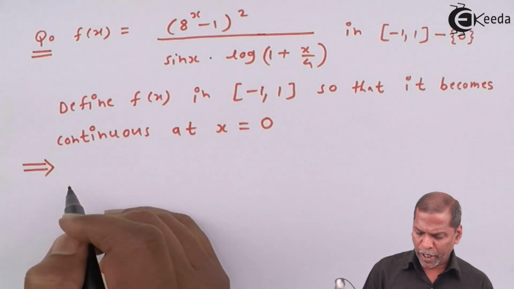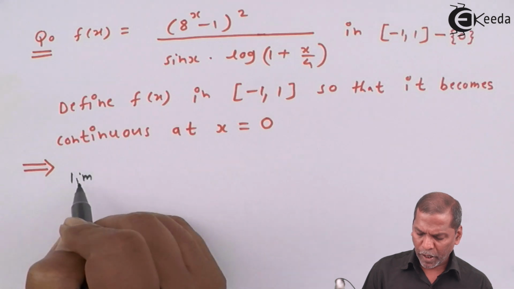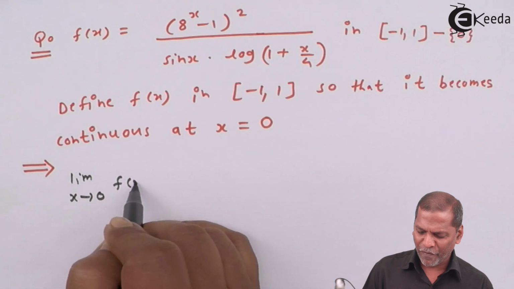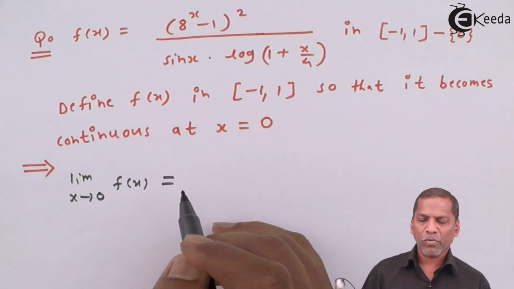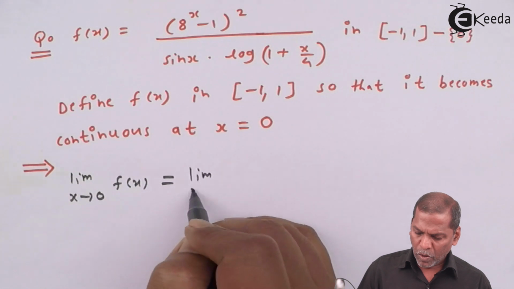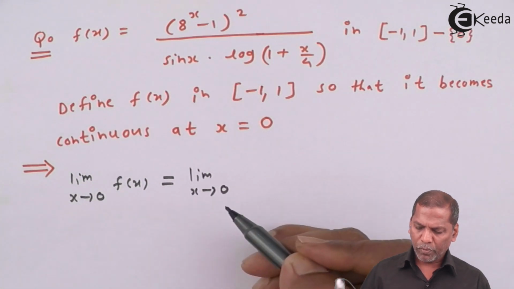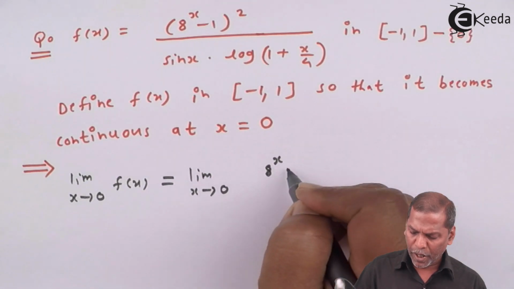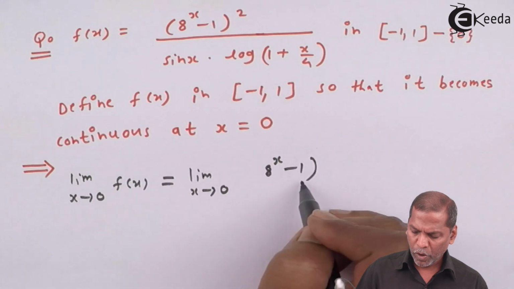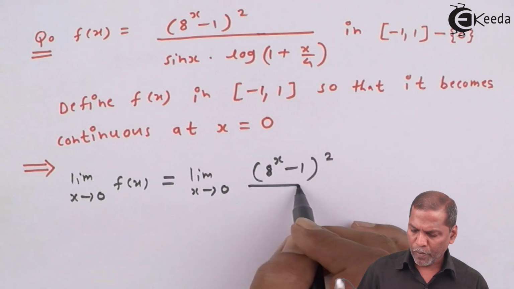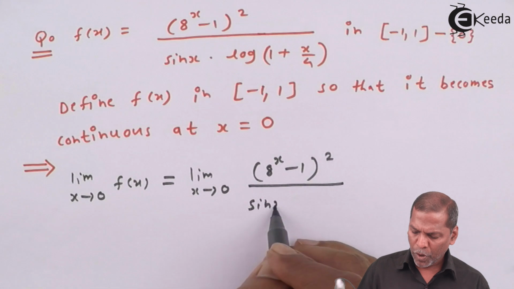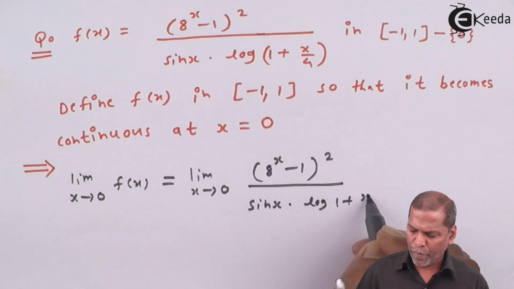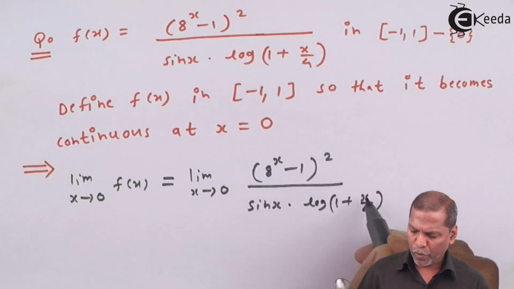So first of all we start with limit x tends to 0 of f of x, which is equal to limit x tends to 0 of (8 raised to x minus 1) whole square upon sine of x into log of 1 plus x by 4.